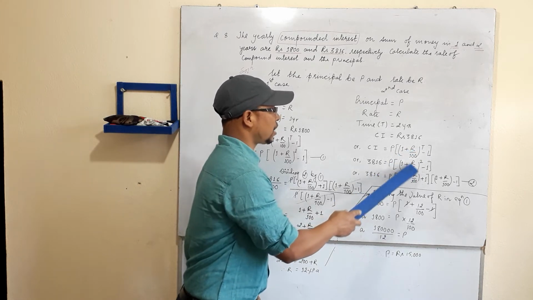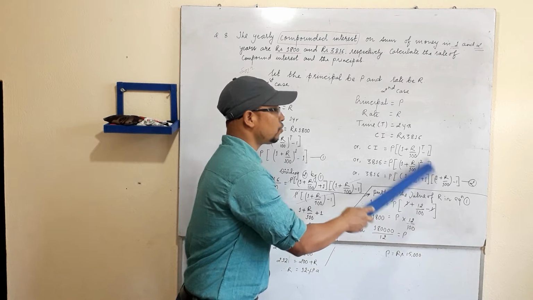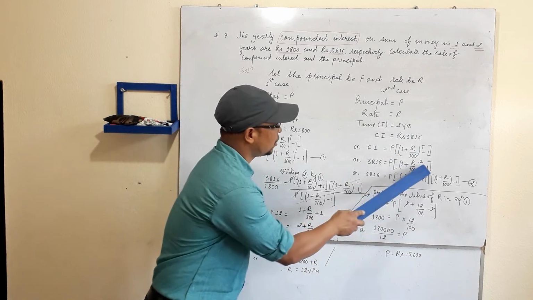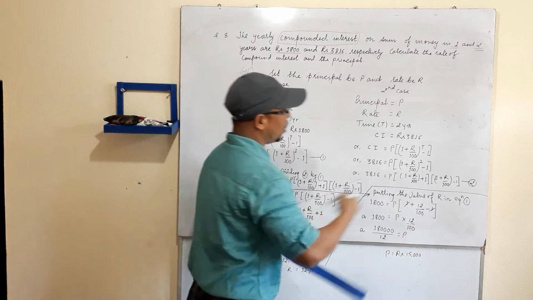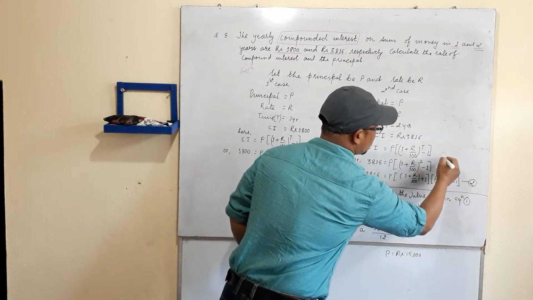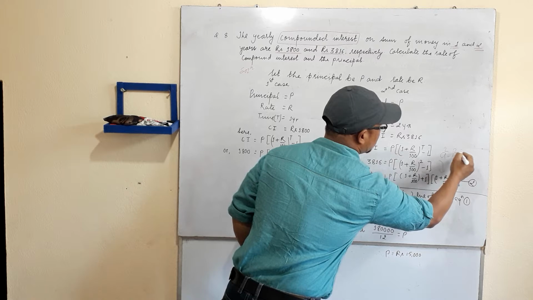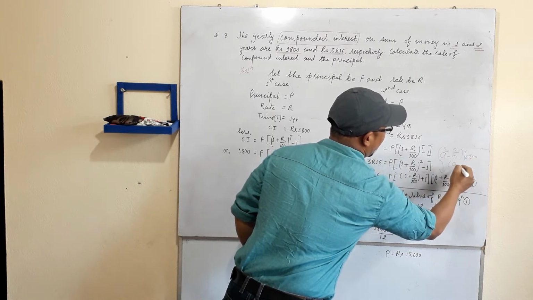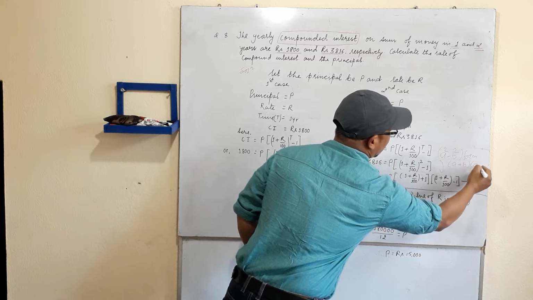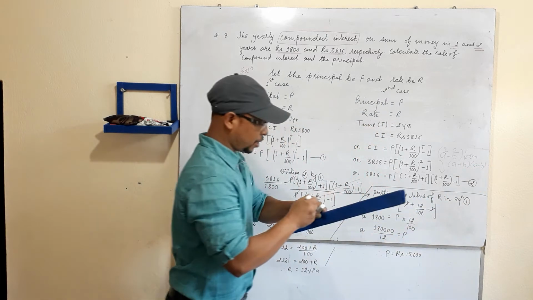So P[(1 + R/100)^2 - 1]. Now see, this comes in a square minus b square form. So a square minus b square, we can write as (a + b)(a - b).